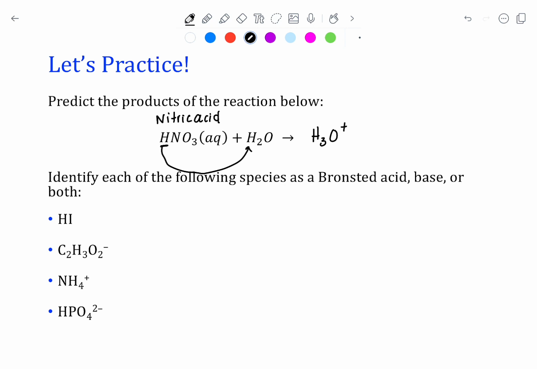H3O+. I account for the charge because the additional proton is bringing that plus charge. We've increased the number of protons, so our molecule becomes more positive. When we remove the hydrogen from HNO3, from nitric acid, it really is just like we got rid of it. So we have NO3. But the charge on that now has to be negative because we removed a proton.